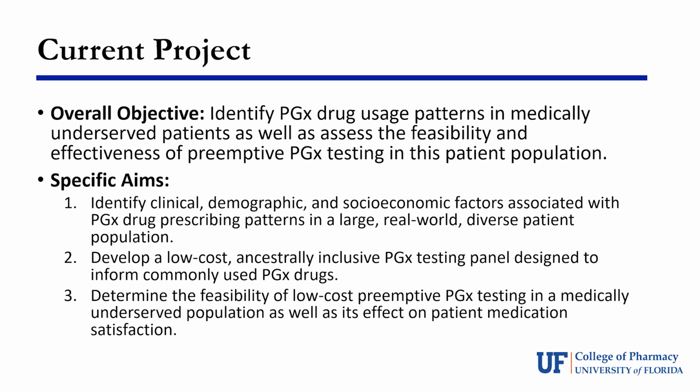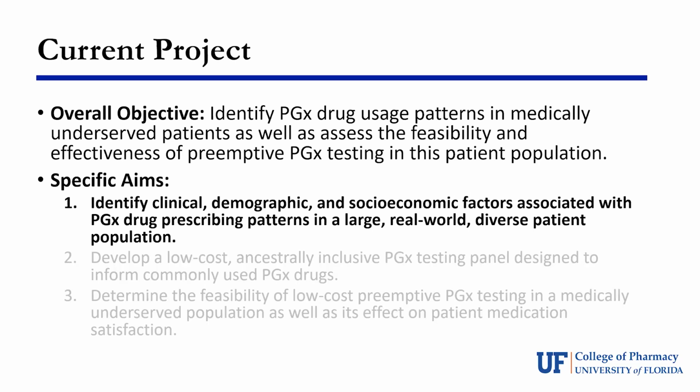Aim 1 was to identify factors associated with PGX drug prescribing patterns. Aim 2 is to develop a low-cost ancestrally inclusive PGX testing panel. And then aim 3 was to actually test the feasibility and the effect on patient satisfaction of implementing preemptive pharmacogenetic testing into the clinics.